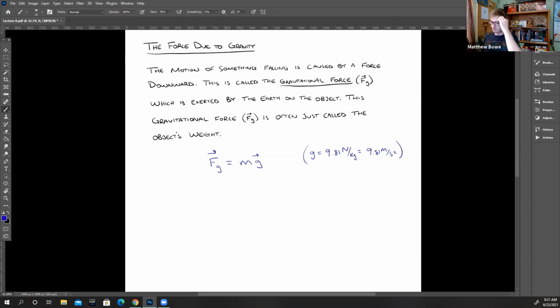But what if, and I have this force due to gravity, and it's clear if I have this projectile, I throw this ball, it's moving, and eventually it's being accelerated downward. What I want to know is, what about things that aren't necessarily moving? What if I have a book and I throw it on a table, and the book's sitting on the table? Are there any other types of forces involved?